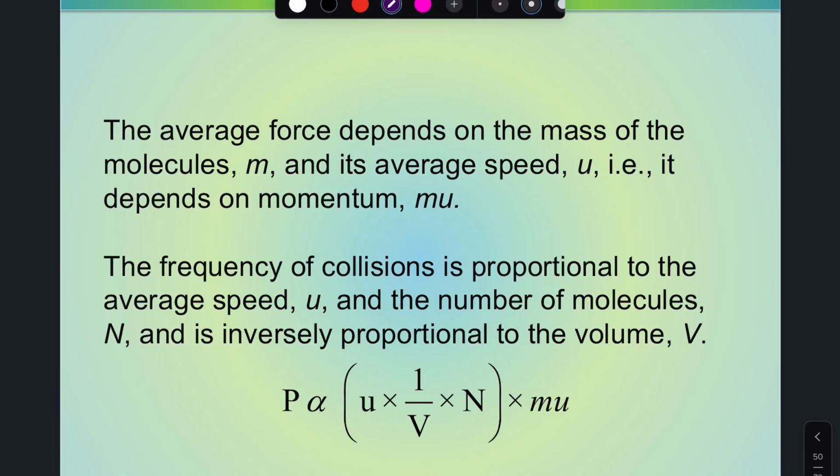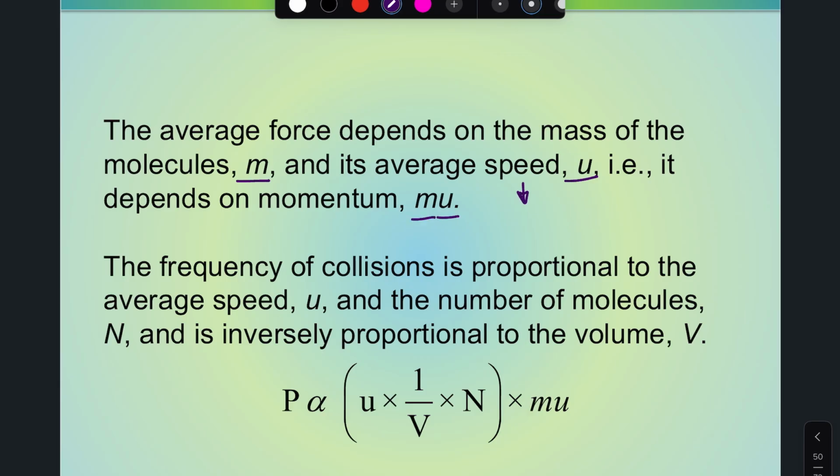The average force depends on the mass of the molecule. So if you have a heavier molecule, a heavier atom, whatever you have, then that is going to increase the amount of pressure. And so we can call the mass m and the speed u, and we can say that the momentum is the mass times the velocity, or the speed.